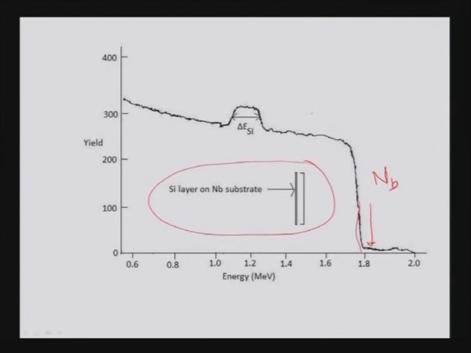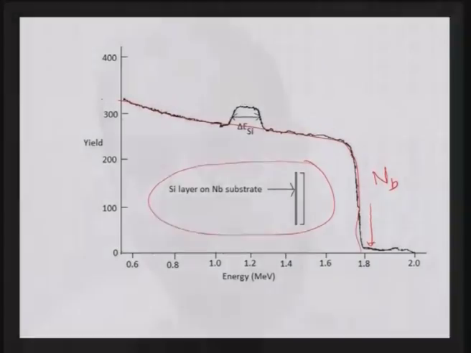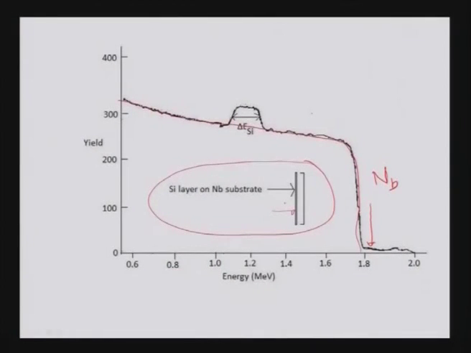So you get this spectrum here for niobium, and this silicon which is sitting at the surface of this niobium substrate. That silicon surface will be here because of much less kinematical factor. Alpha particles have lower energy.